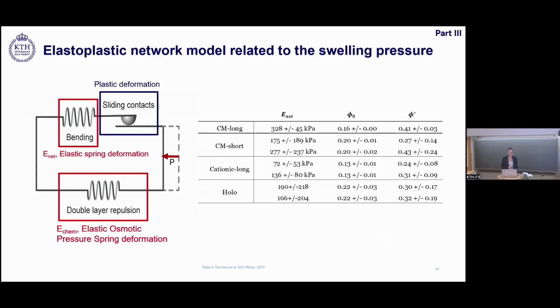And if we adapt our data into this model, we can see that we can get values of the elastic modulus ranging from 100 to 300 kilopascals, which is relatively low given the high solidity we have in these network structures. But this just shows the anisotropy of these networks.